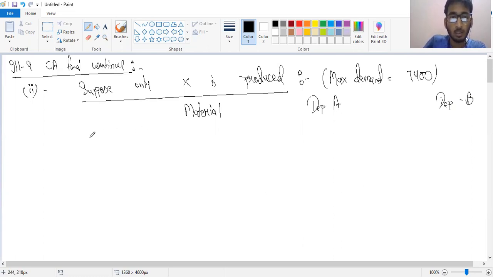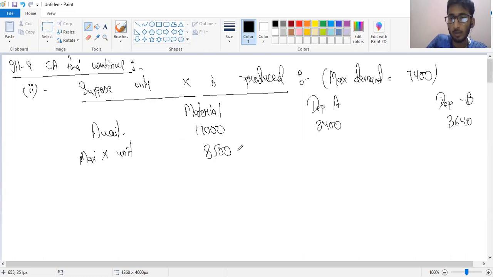So let's see the available material in kg: 3,400 and 3,640. The maximum X that can be produced by using material is 8,500 units.